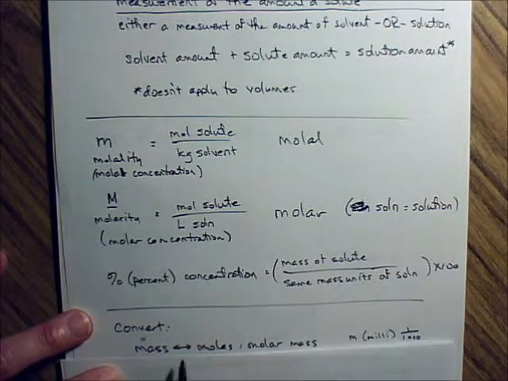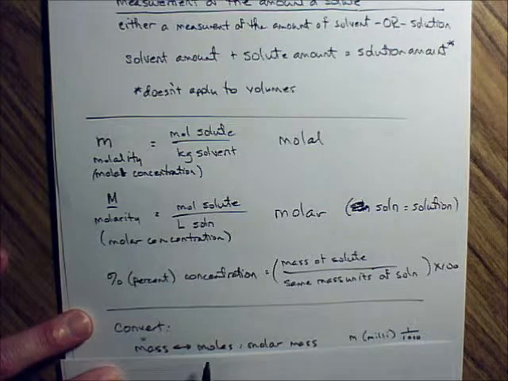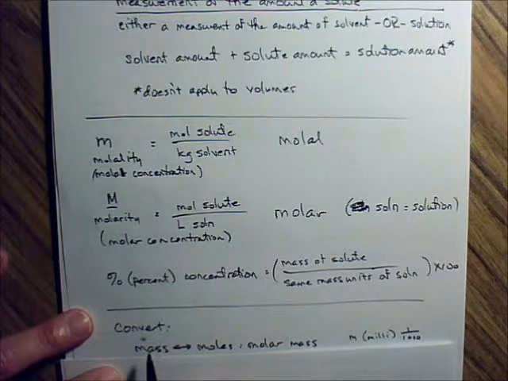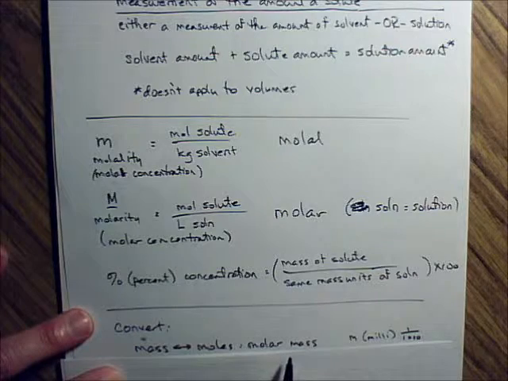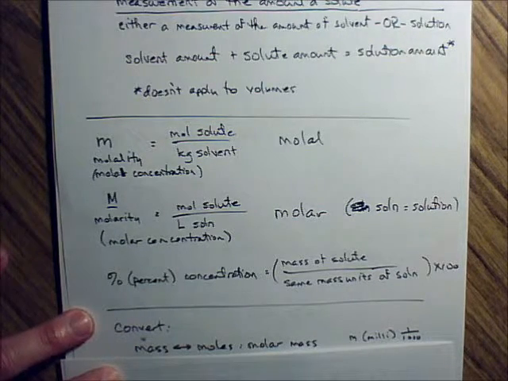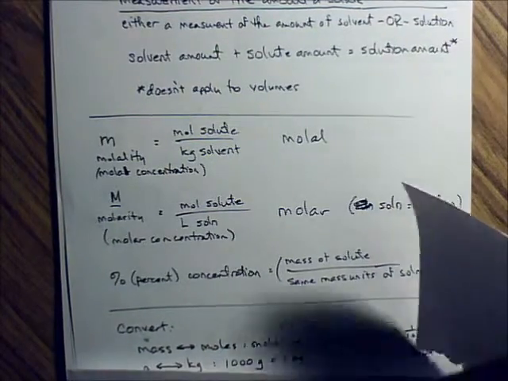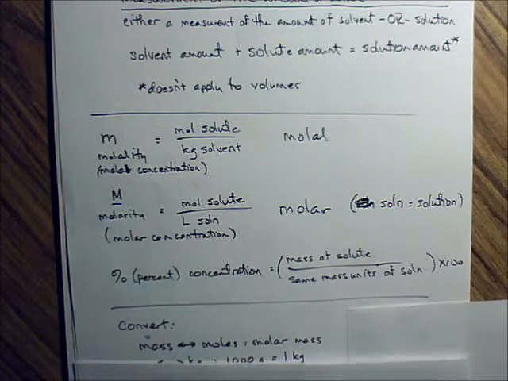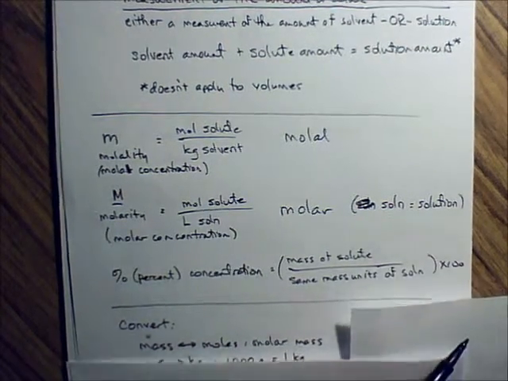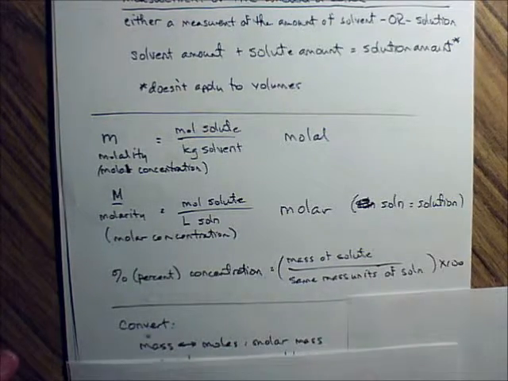Anytime you're converting from mass to moles, you've got to have molar mass. It's also true that when you're converting from moles to mass, you still have to have molar mass. That's important when we're calculating concentration.